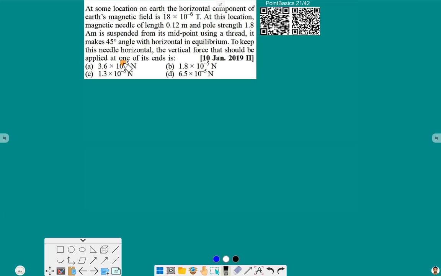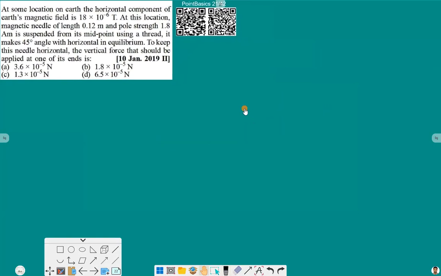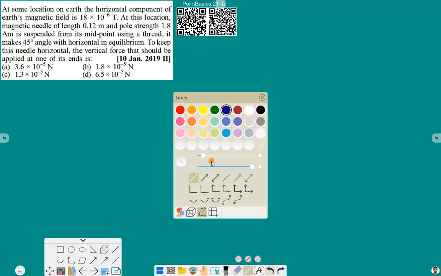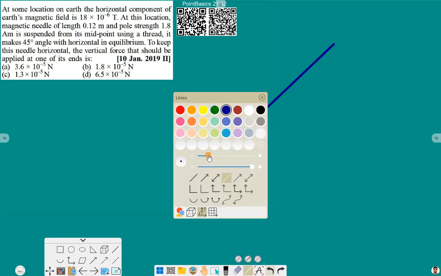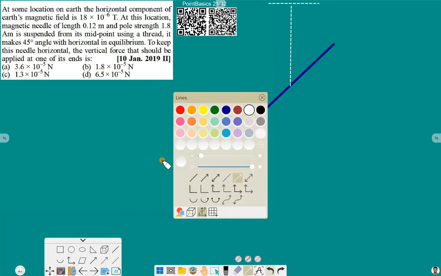So we have to find out the amount of force that needs to be applied, and the diagram for this question will look something like this. Suppose this is our needle and it is suspended from its midpoint, and magnetic field is acting.